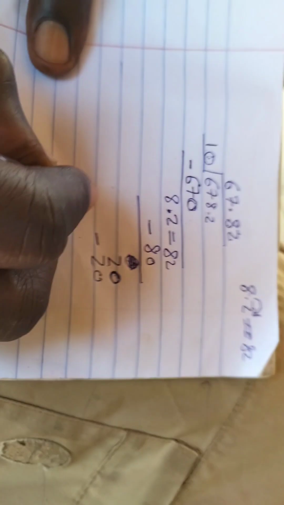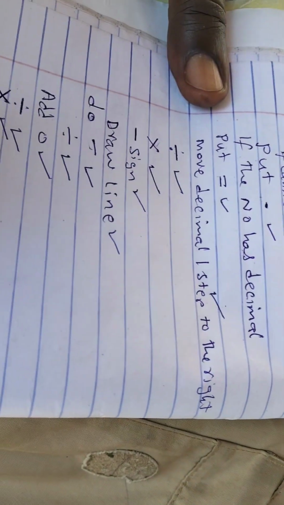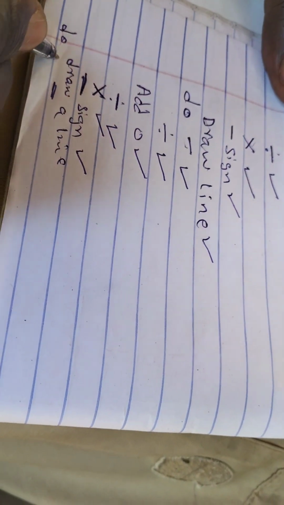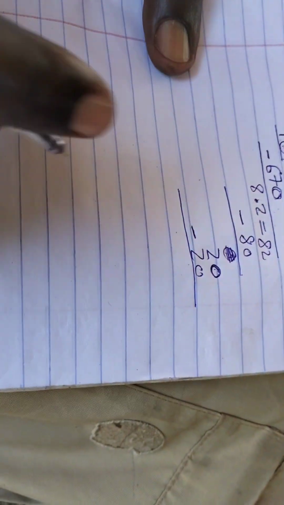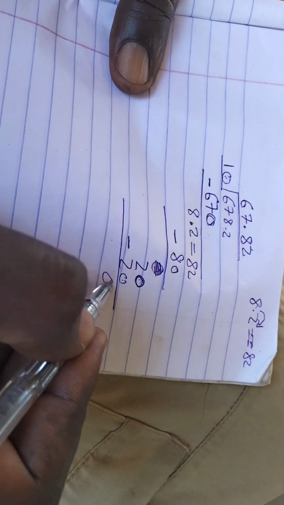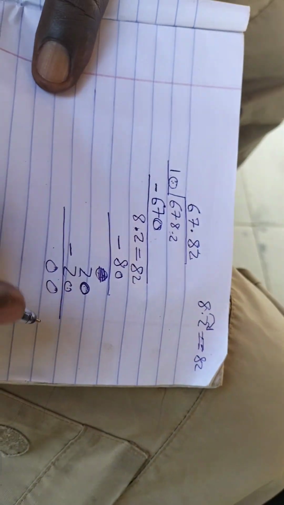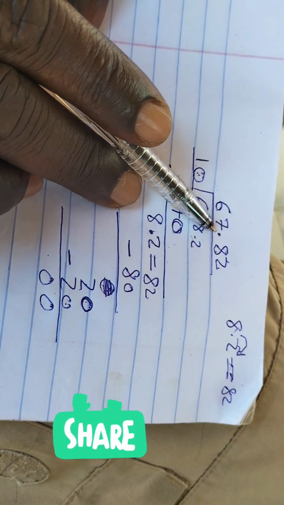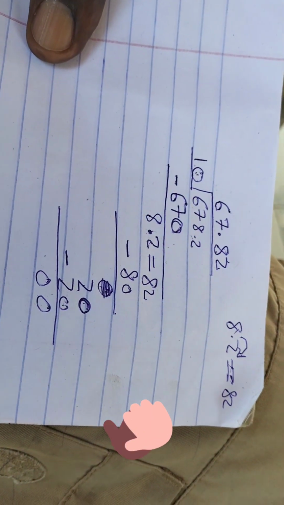Come here, you draw the line. You check what to do next. Do the minus. 0 minus 0 is 0. 2 minus 2 is 0. Once you get this, you are done. You've gotten your answer at 67.82. Great. You did wonderfully.